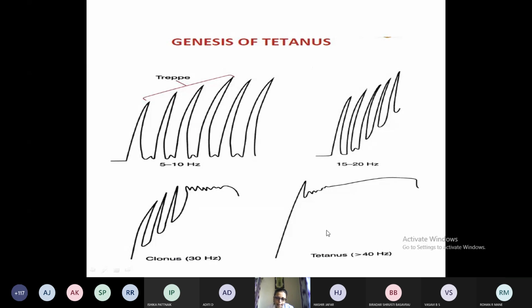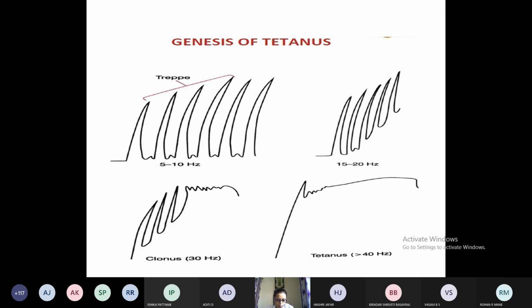Tetanus can be of two types, complete tetanus and incomplete tetanus. What is meant by complete tetanus? When there is no relaxation between the stimuli, it is called complete tetanus.